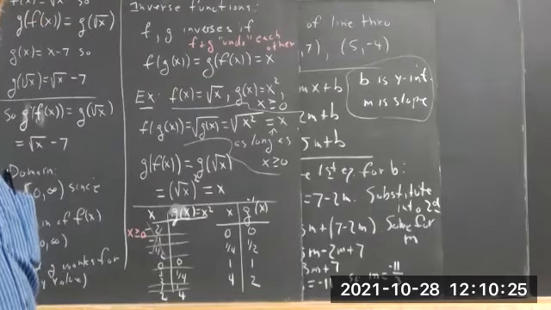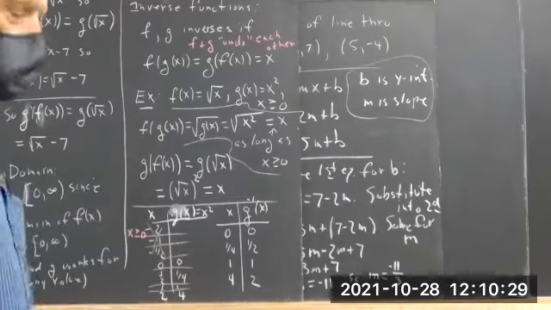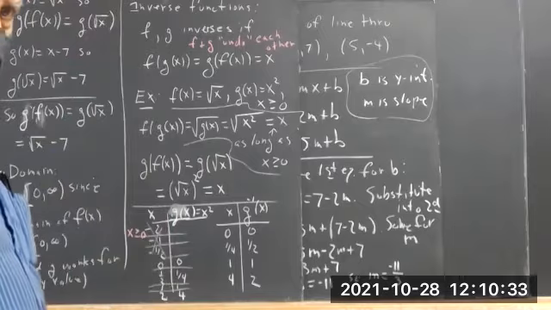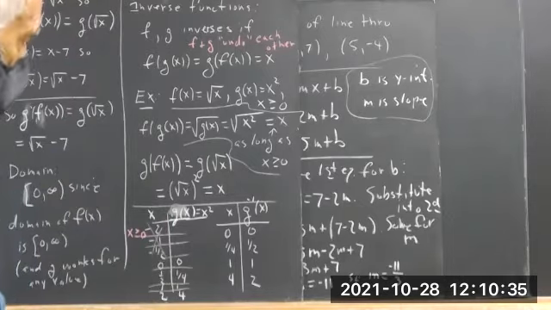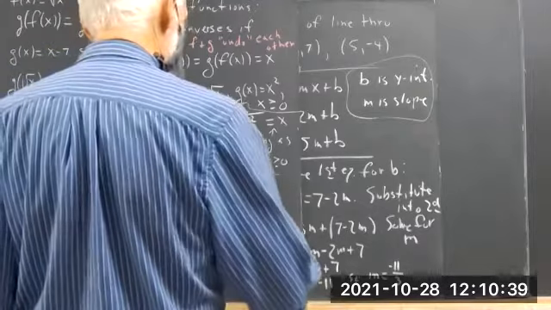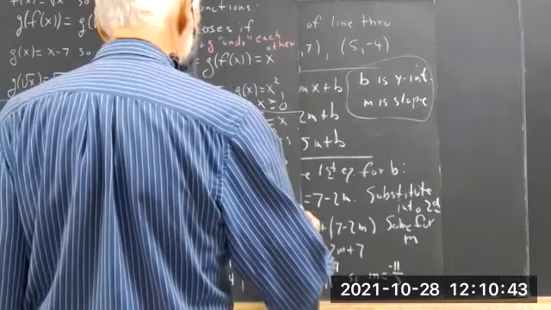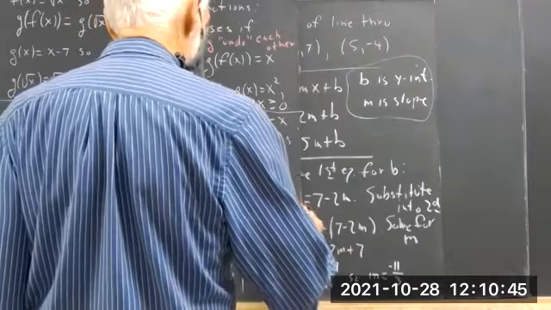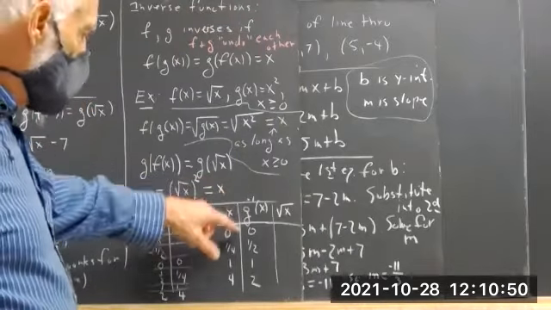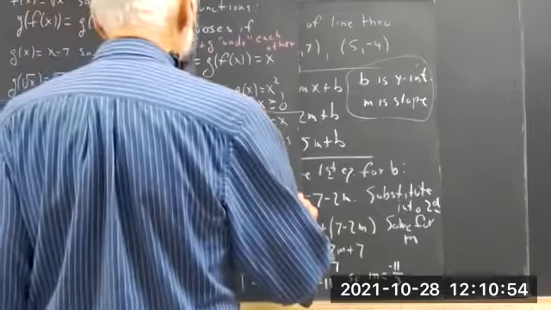Okay. So we switch the x and the y to get the inverse function. Turns out that the values of the inverse function here are the values of square root of x.